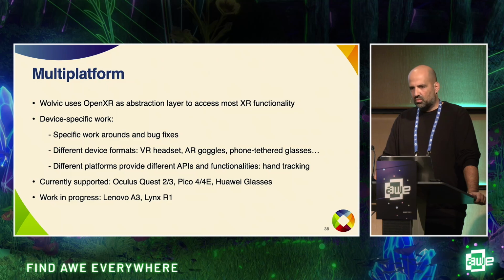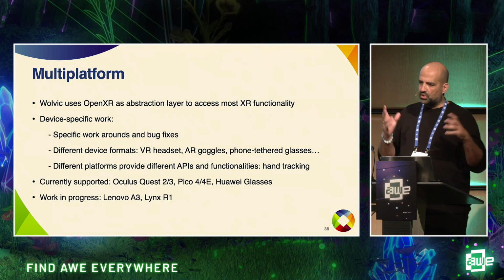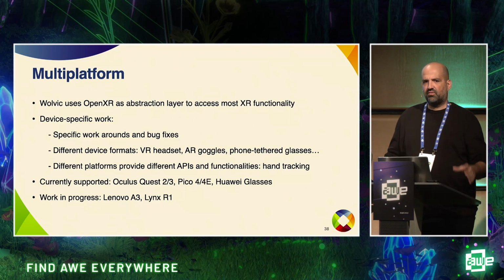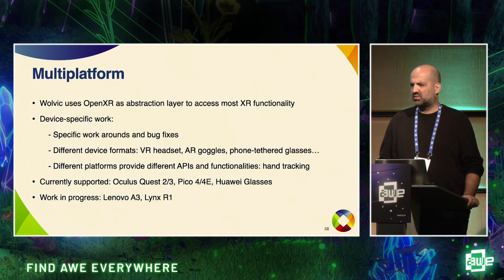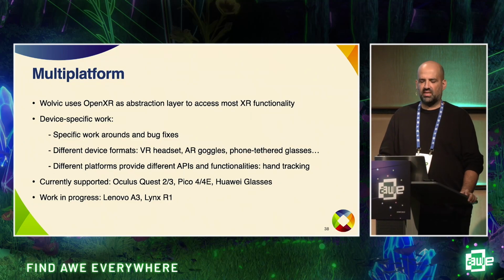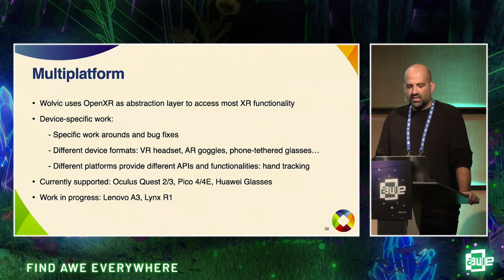So we need to do workarounds or some fixes. And then the form factor, right? The size, the resolution, the size of the screen, the field of view, the way you interact, the way hand tracking works. There are quite a lot of subtle differences that you need to adjust if you want the browser to run properly and as a native browser in each of the devices, right?